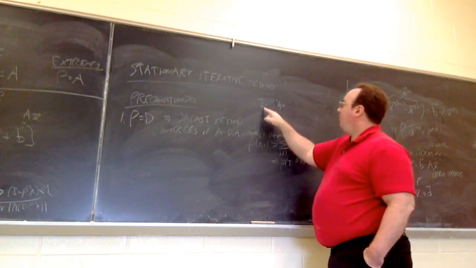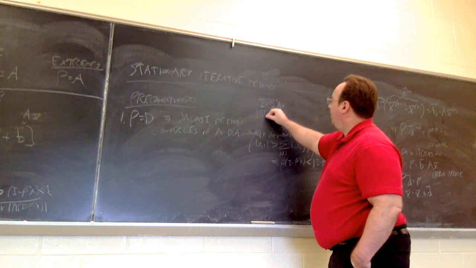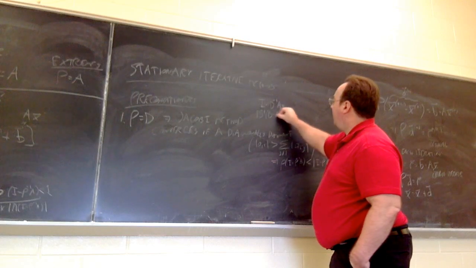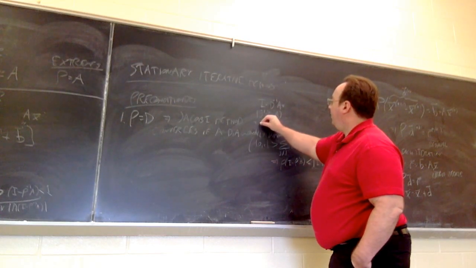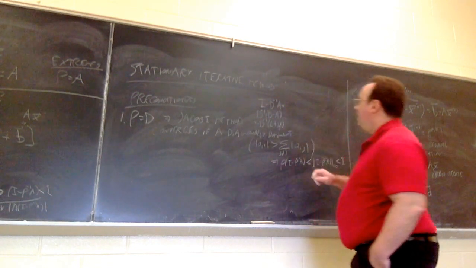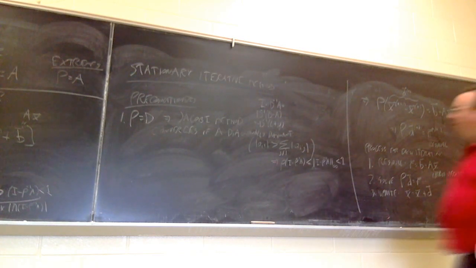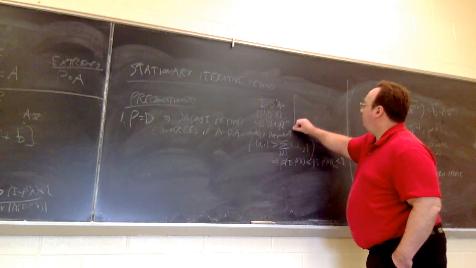So if I write this as D inverse times D minus A, that's the same as minus D inverse times L plus U, because A is equal to D plus L plus U. So what you have is the whole off-diagonal part of A divided by all the diagonal entries, and then negated. So it's a matrix that looks like this.